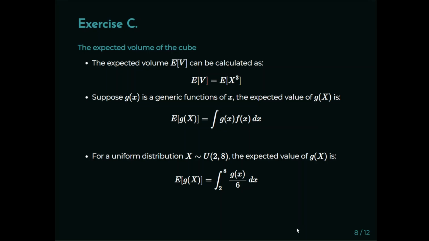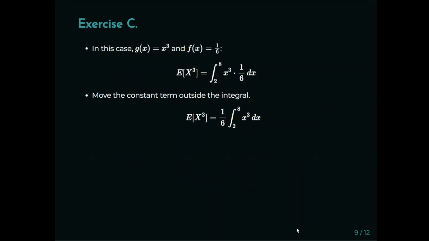So we will be using a lot of definite integrals in this example. In fact, we do in almost every example, but it's more crucial in this case because they're well defined. So in this case, g(x) is x cubed, and we have f(x) equals 1 over 6. So this is our definite integral here.